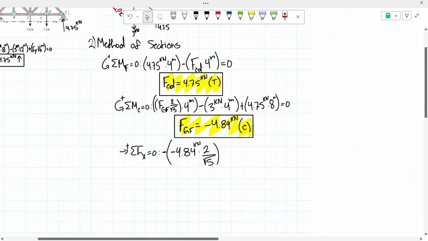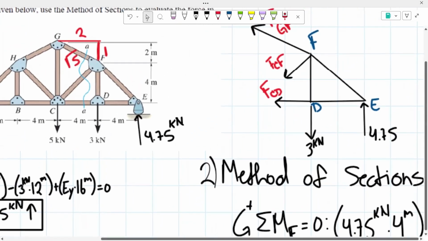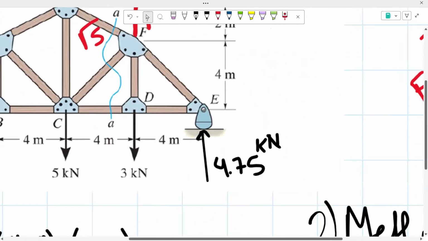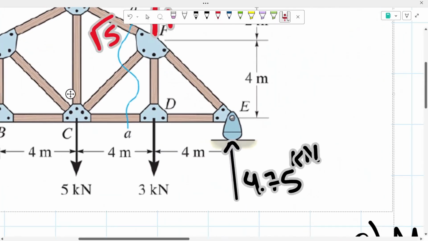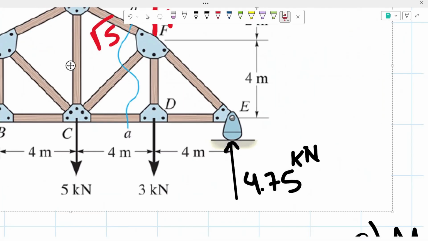Now from there, we're going to go back to our bar CF. Once again, it is at an angle, so we're going to have to find the slope to it. As you guys could see, we know that this side of the triangle has a length of 4 meters. We know that this side of the triangle has a length of 4 meters.